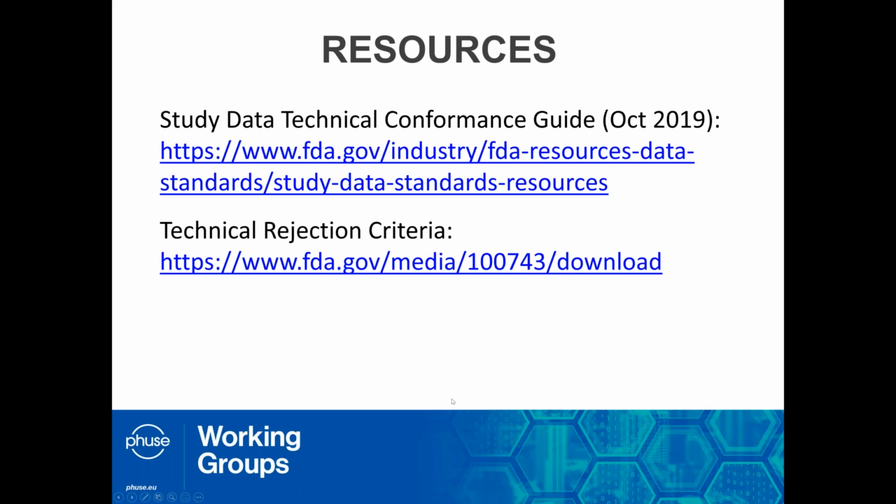I've included some resources here. I've included the links to the study data technical conformance guide as well as the TRC. And as always, you're welcome to reach out to CDER eData with any questions.